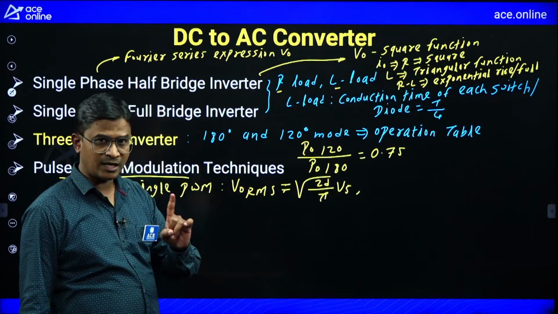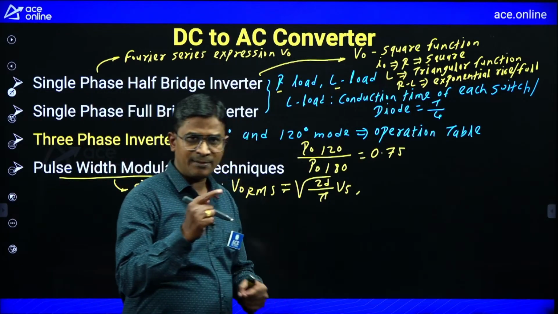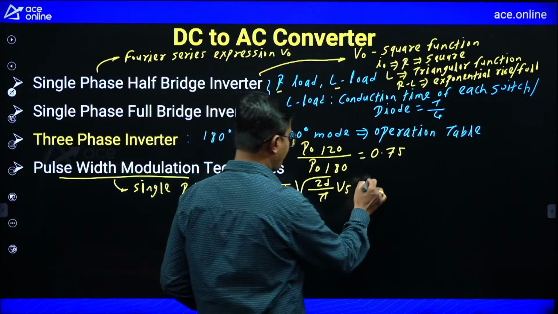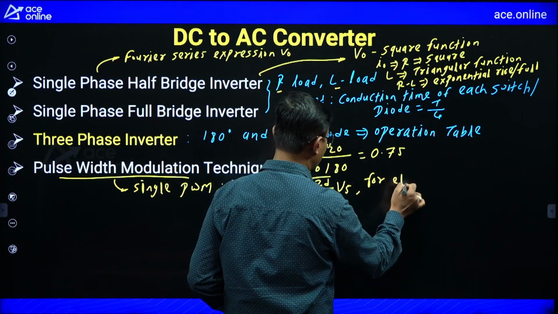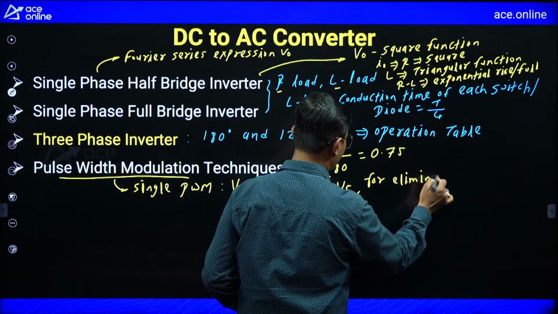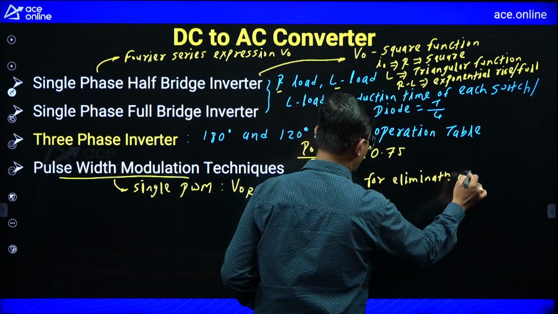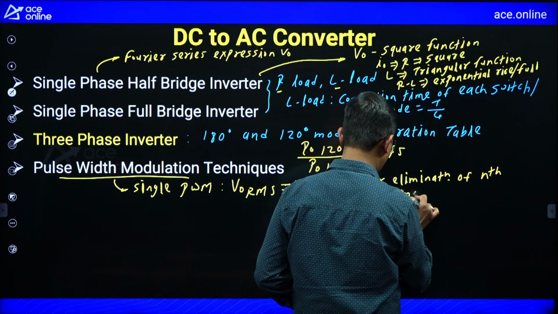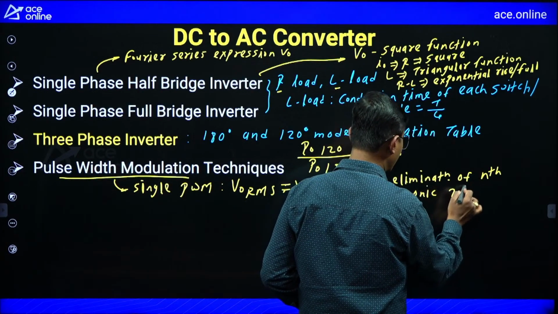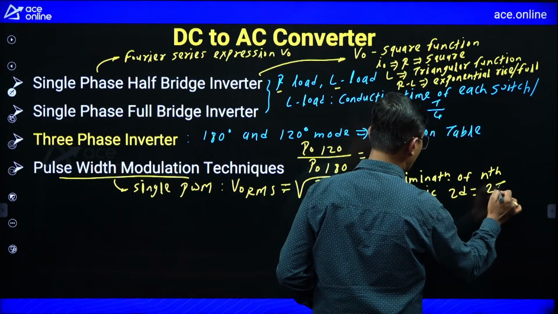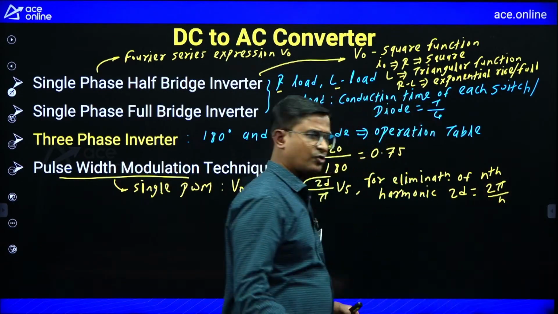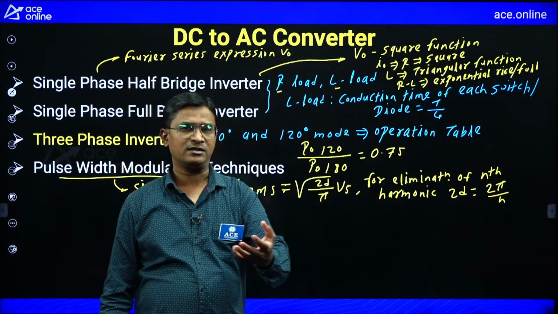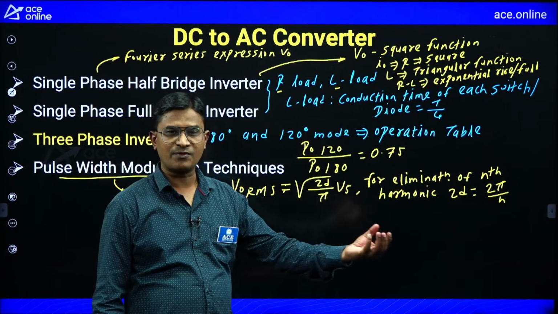Next, in single PWM, for elimination of a particular harmonic, what is the pulse width required? For elimination of the nth harmonic, the required pulse width is 2 pi by n. They ask questions like for third harmonic elimination, what is the required pulse width?